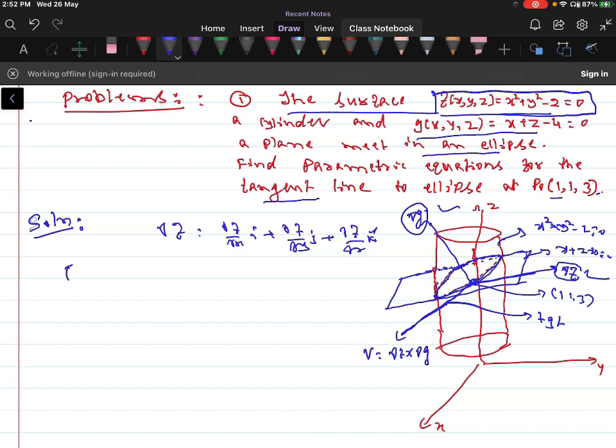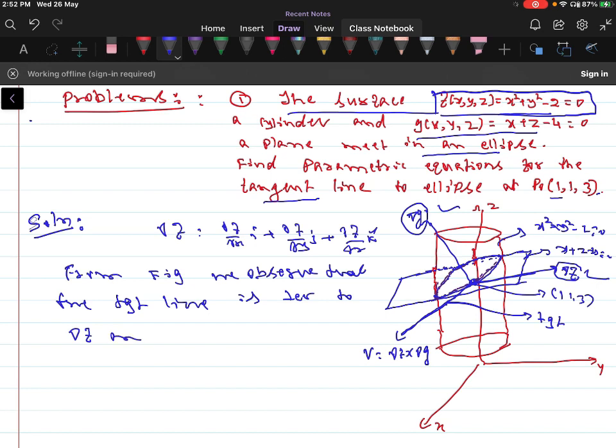So from the figure we observe that the tangent line is perpendicular to gradient of f and gradient of g at the point P naught, where P naught is equal to (1, 1, 3).